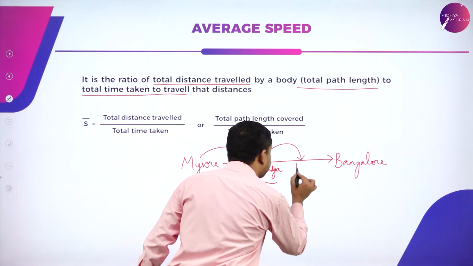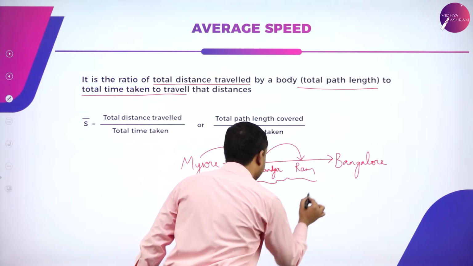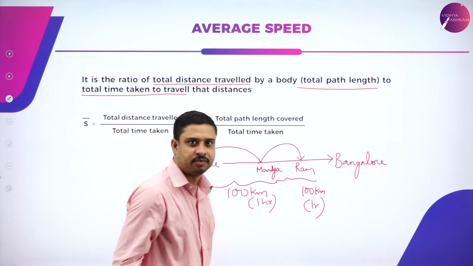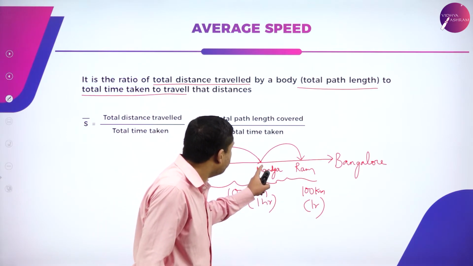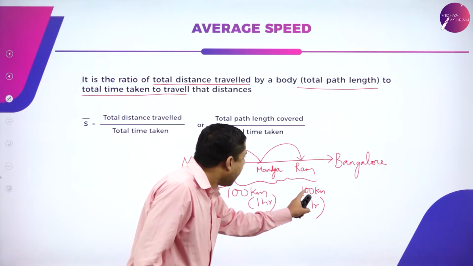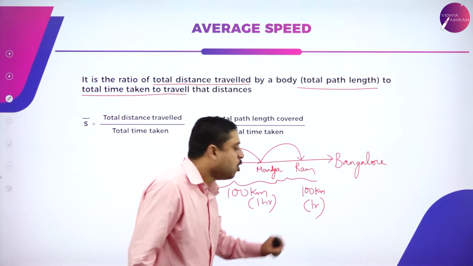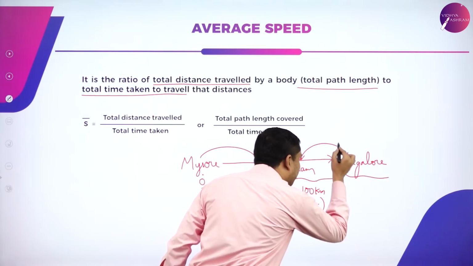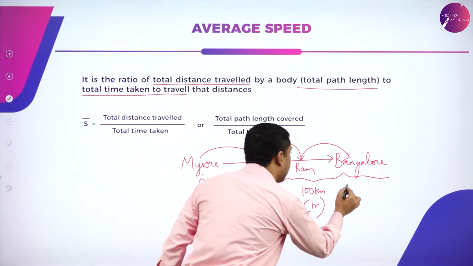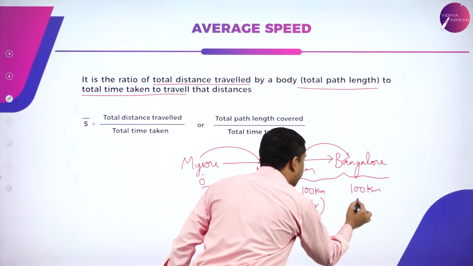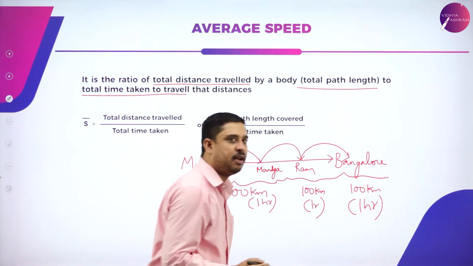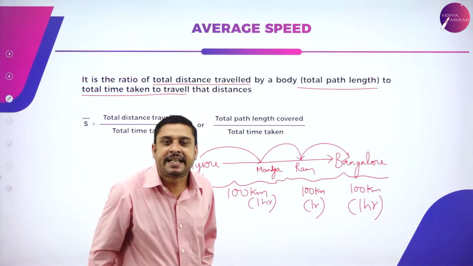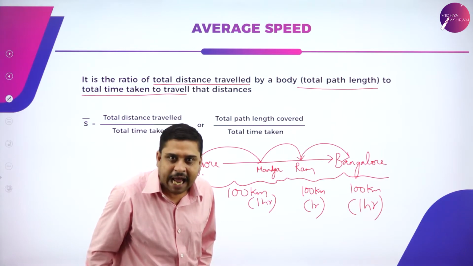From Mandya to Ramnagar, again 100 kilometers, 1 more hour. Further span of travel, Mandya to Ramnagar, 100 kilometers, again 1 hour of travel. Finally, from Ramnagar to Bangalore, we have reached our capital, our pride. Again, 100 kilometers, 1 more hour of travel. So, what is the average speed attained by the body during this travel?